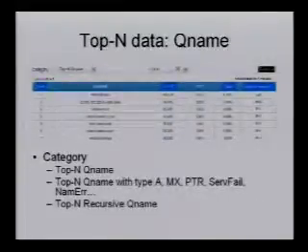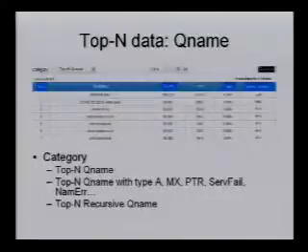This slide shows the query name submenu of tab and data. The category tab and query Qname is a ranking of query names. Tab and query name with type A is a ranking of query names with query type A only.